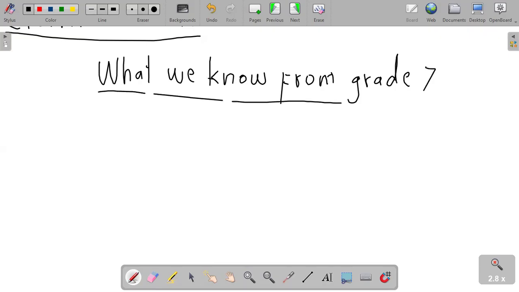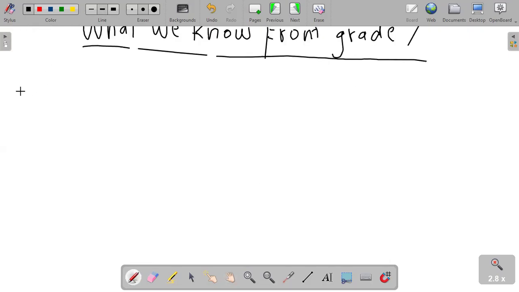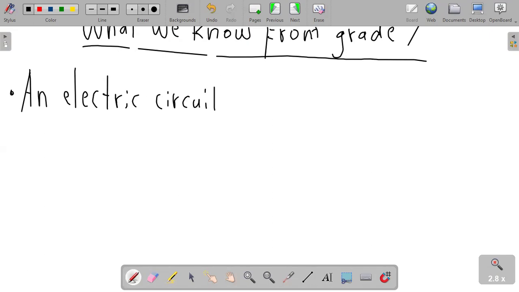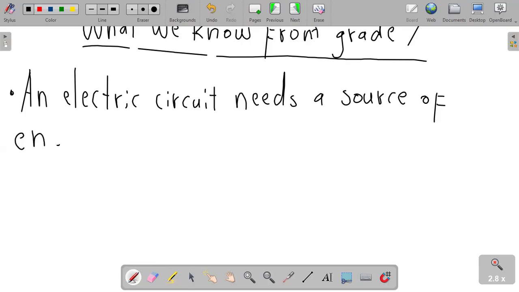We know that an electric circuit needs a source of energy, and this is a key word here.